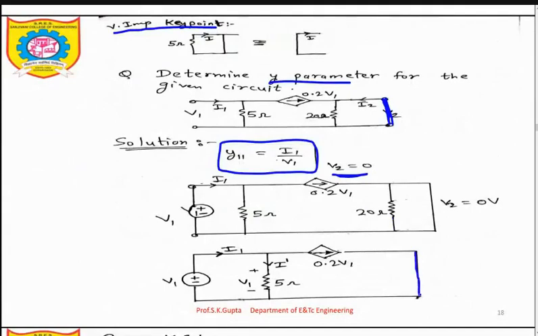Okay. Now this I1 current is coming from the V1 voltage source. This I1 current is getting divided into I dash and 0.2 V1. I have assumed that the current here is I dash. So by KCL, I1 equal to I dash plus 0.2 V1.